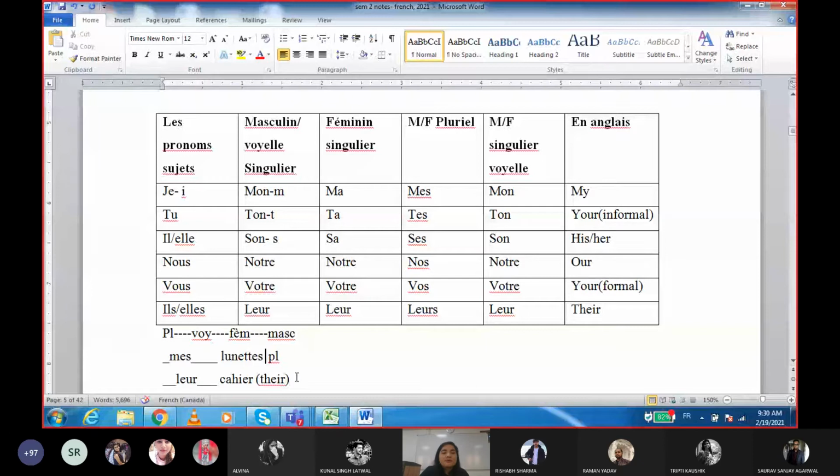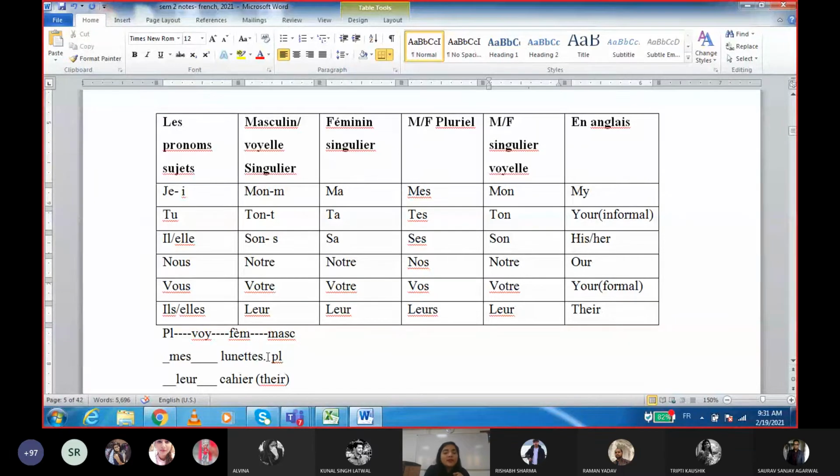I did not mention my in this word. I just have this word lunette. So I found out that yes, the gender is plural. So out of this plural, I can add any word and I'll get the marks, if it is not given in the bracket which possessive adjective I have to use.